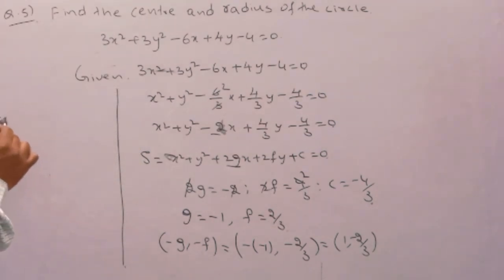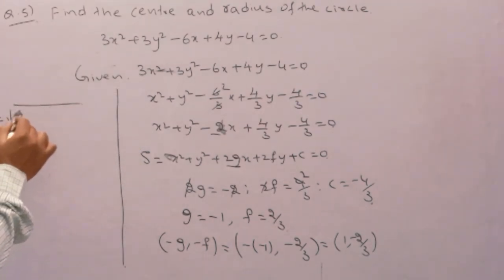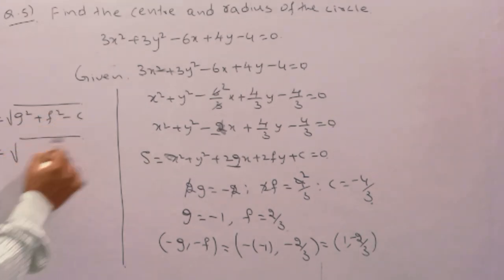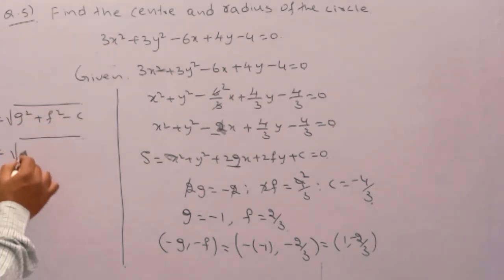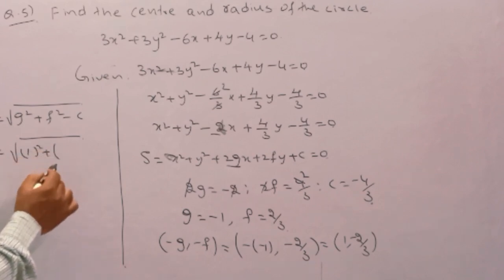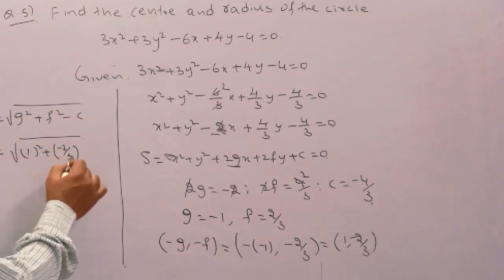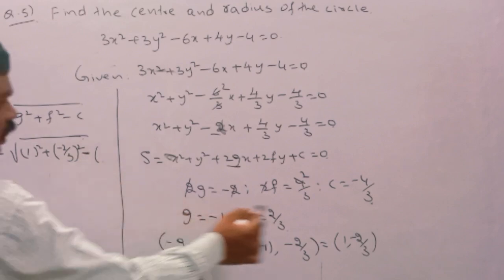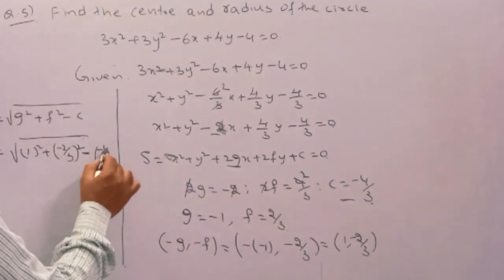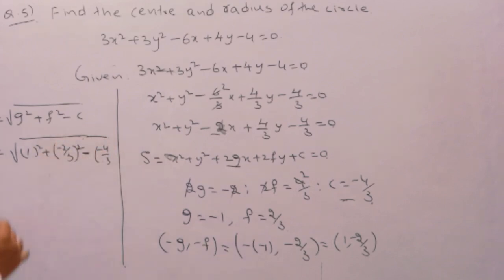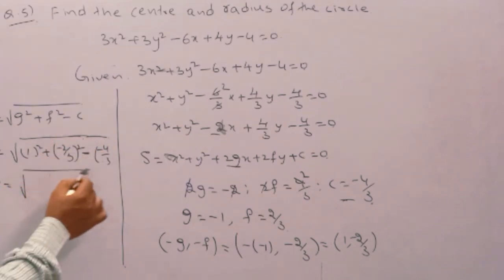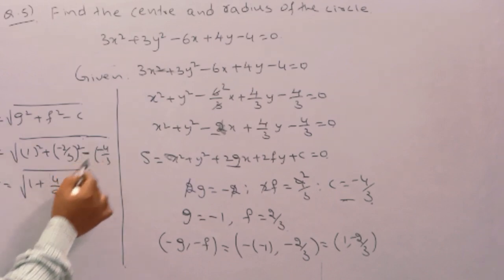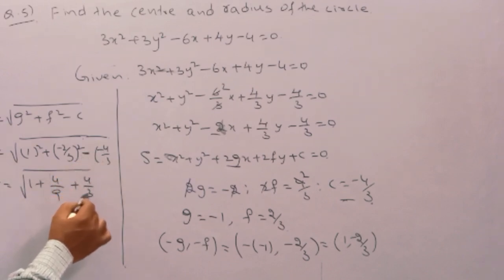Radius of the circle r is equal to root over g square plus f square minus c. R is equal to root over g square, that is 1 square, plus minus 2 by 3 whole square, minus c, minus of minus 4 by 3. Then r is equal to root over 1 plus 4 by 9 plus 4 by 3.